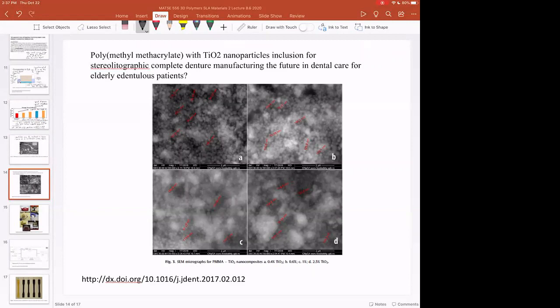Okay, so one of the biggest areas of composite SLA lately is this idea of using TiO2, which is white and hard nanoparticles, in dental prosthetics or in dentures. And so when you get a filling now at the dentist, they don't use mercury anymore.